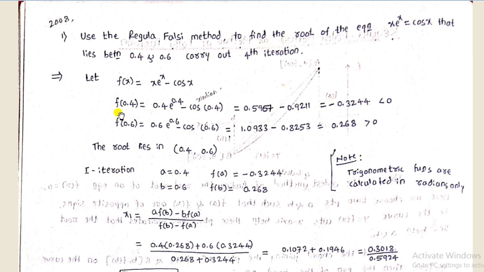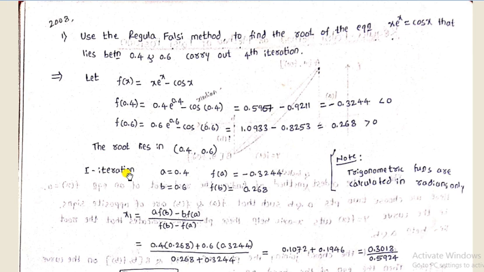So f of 0.4 is negative, f of 0.6 is positive, which denotes that the root of the function f of x lies in between 0.4 and 0.6. So the negative term is denoted as a, the positive term is denoted as b.